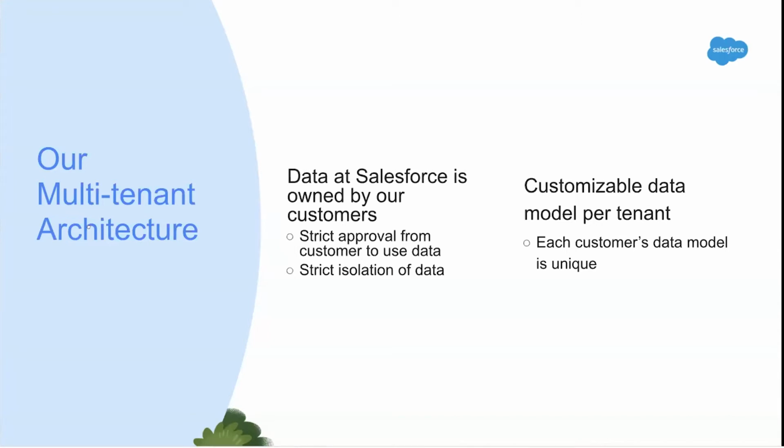It has to have that approval process, consents. At the same time, as you can imagine, we also have a strict isolation of the data for each of those customers. All of this is to protect the privacy and security of our customers' data. This is what being a SaaS company is.